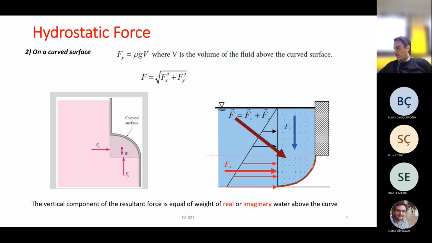So which water do we have above this curve? This water. This is the water above the curve. This is real water because you see there is water. So you can find this volume and multiply by the specific weight of the water. It gives you the weight of the water and it would be your Fy.